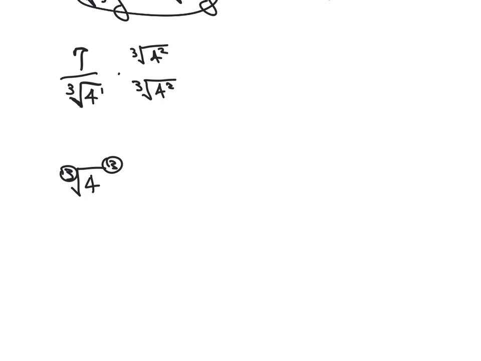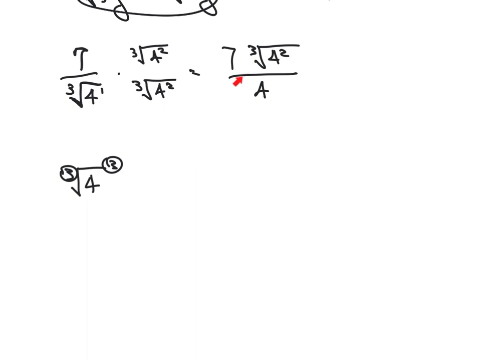So when I do that, I get 7 cubed root of 4 squared over 4. You notice how all of the cubed roots and the squares, everything disappeared, and we're just left with a 4.